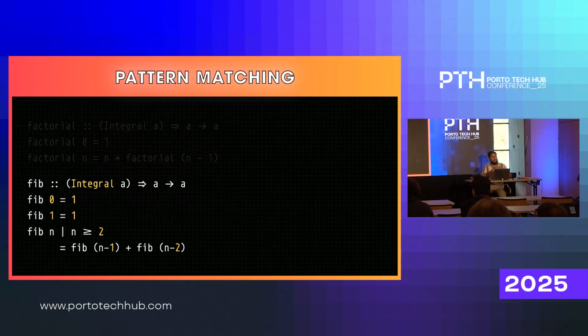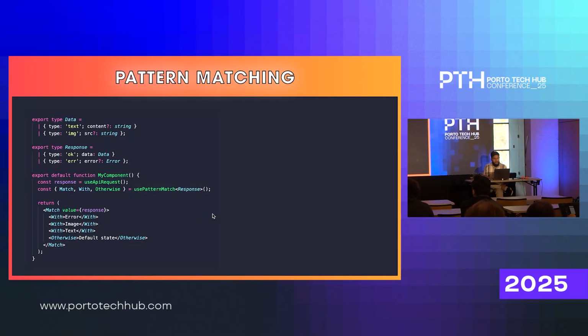Then we can come up with more complex examples like the Fibonacci, where again first we have the type annotation, and then we have patterns. For 0, we return 1. For 1, we return 1. And then we match n, where n is bigger or equal than 2, and we return the recursive call of Fibonacci.